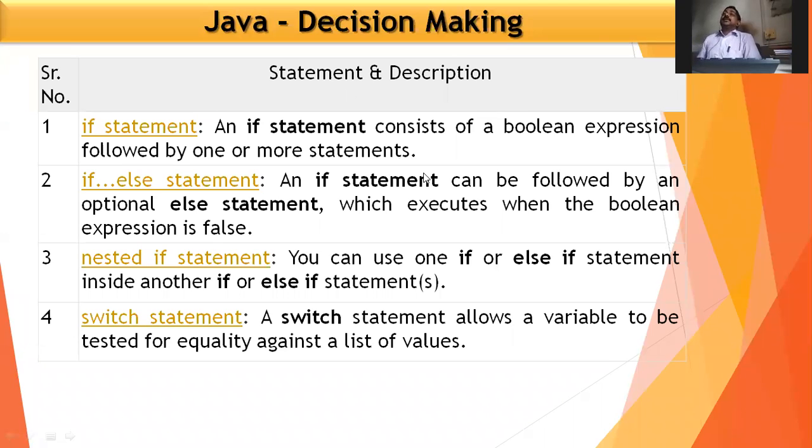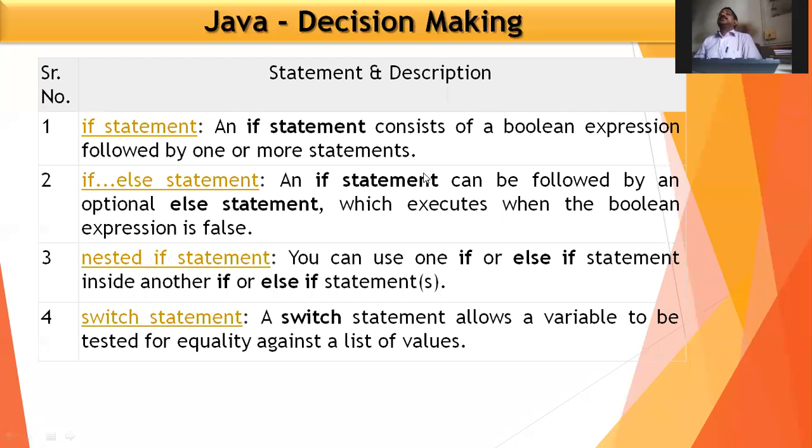Let us start with a number of things. I think we have studied many things about the Java introduction, the history, the features, as well as the data types and operators. Let us now turn to decision making. We know that Java includes a number of decision making statements like if, else if, nested if statement, and switch statement.